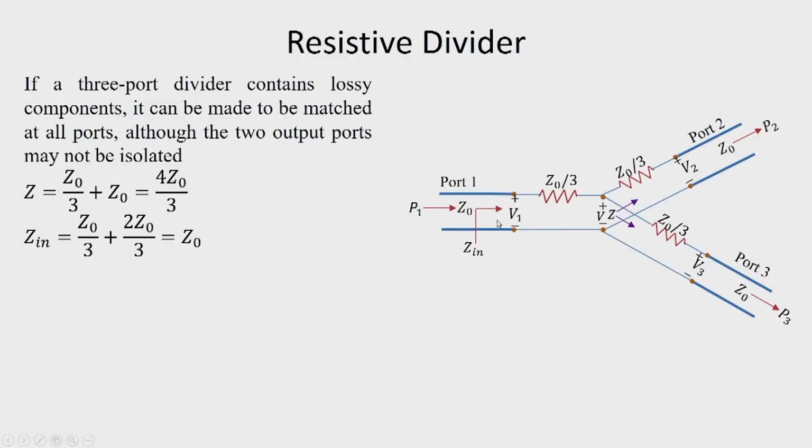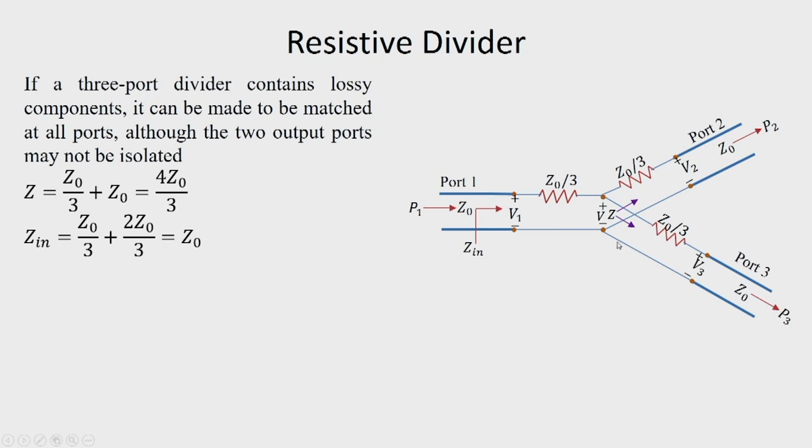and therefore, we now see that port 1 is matched, because the port 1 transmission line characteristic impedance is also Z0, and from port 1 we are looking into the whole network, we see an impedance Z in equal to Z0, and therefore, there will not be any reflection.